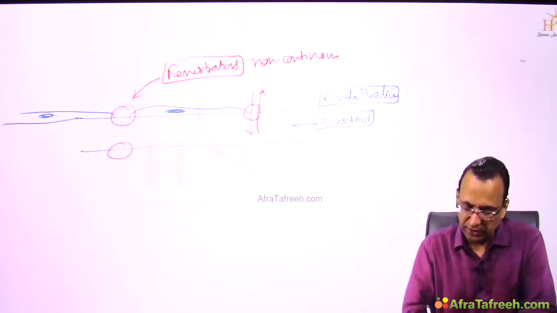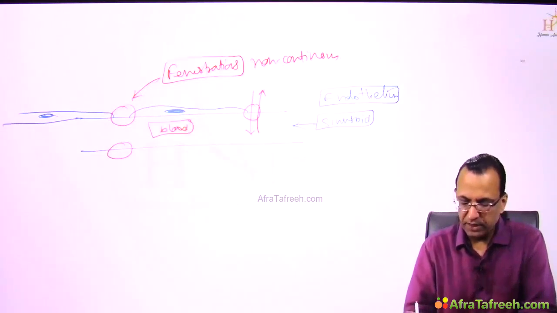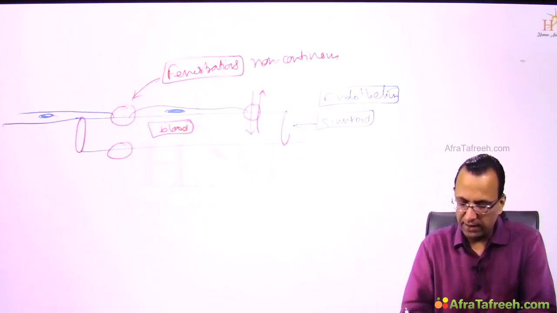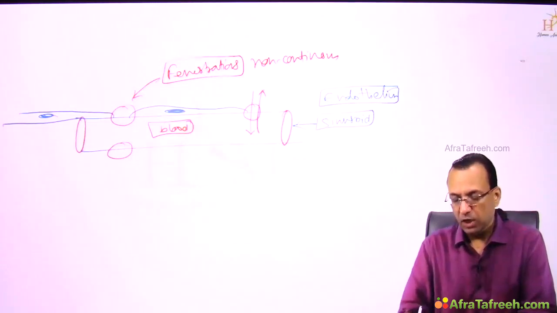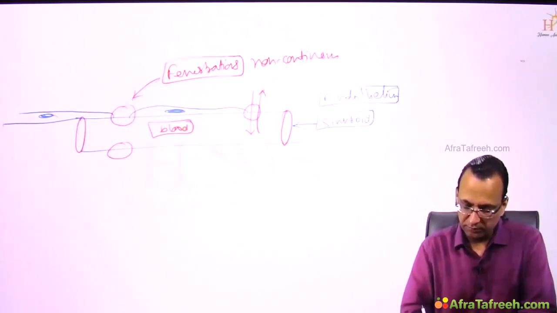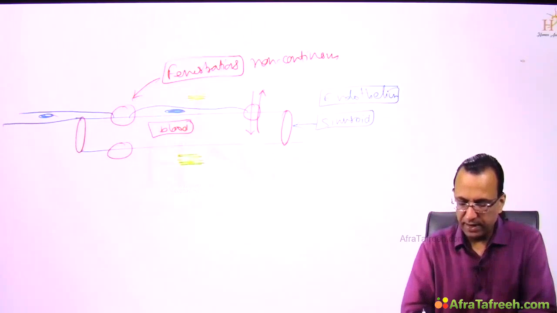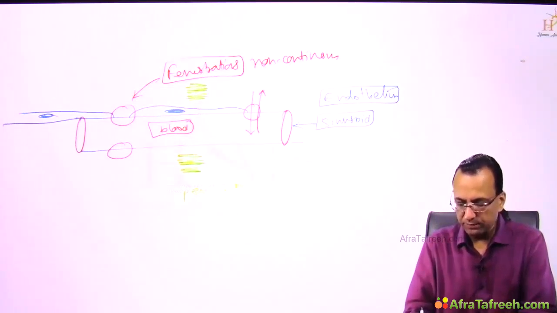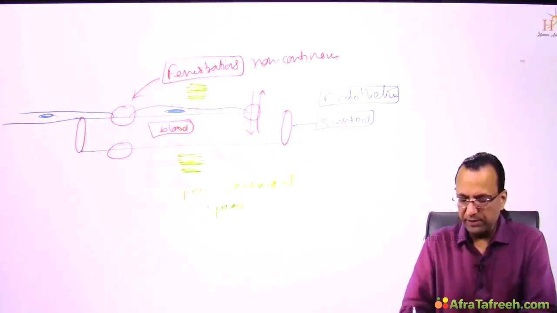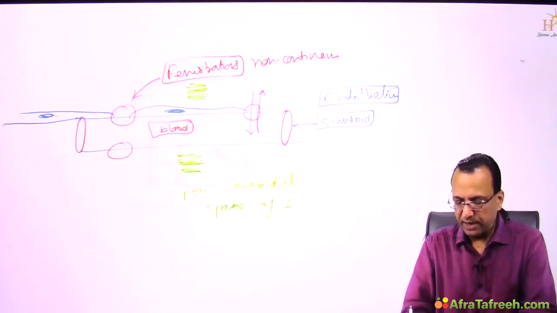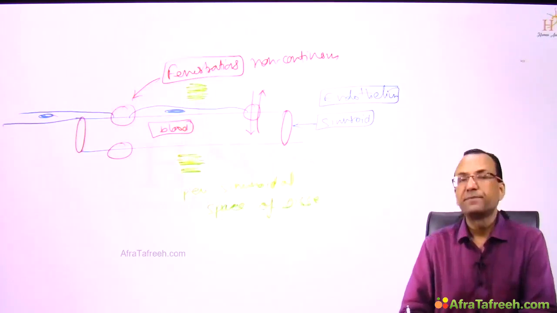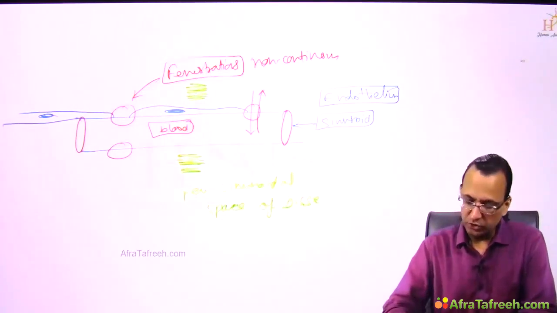Actually, this is the sinusoid. It will have blood. Now, if this is the sinusoid with some blood, what is around that? What is that space called? Around that there is some space, and that space is called the perisinusoidal space of Disse. Now, what do you see within the sinusoid?